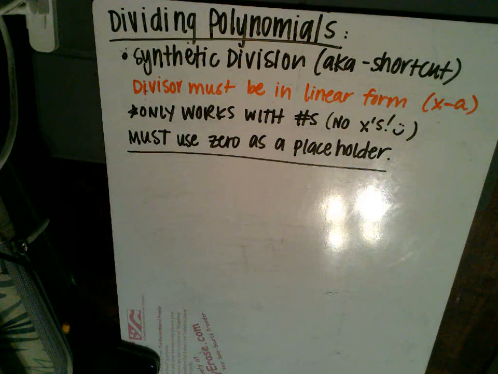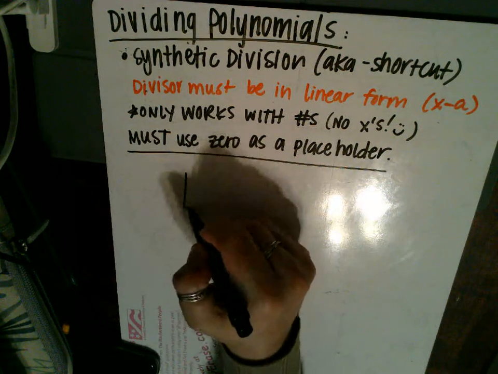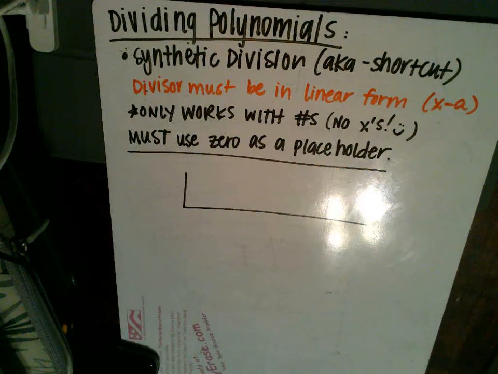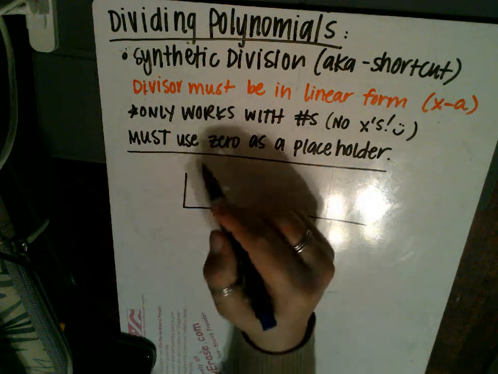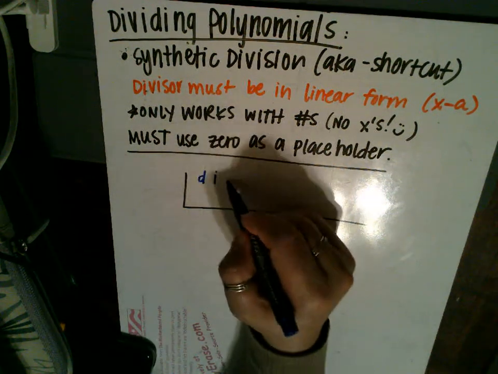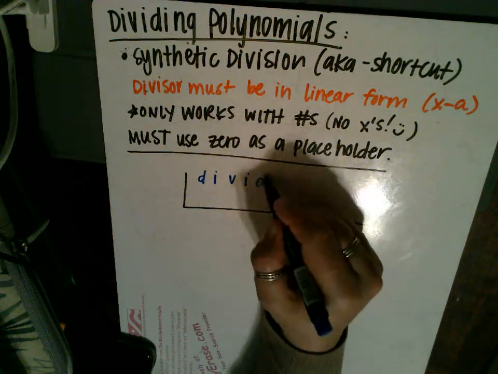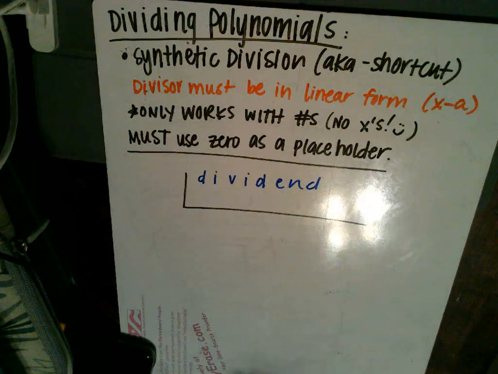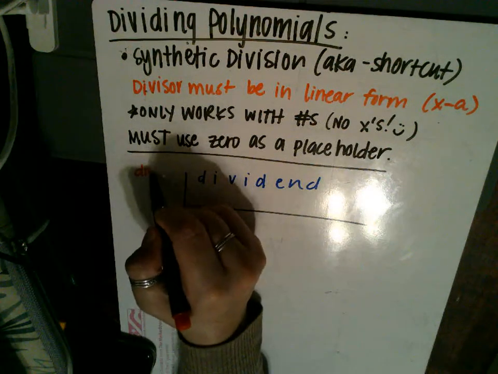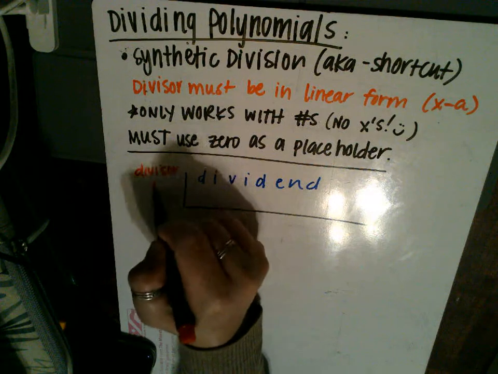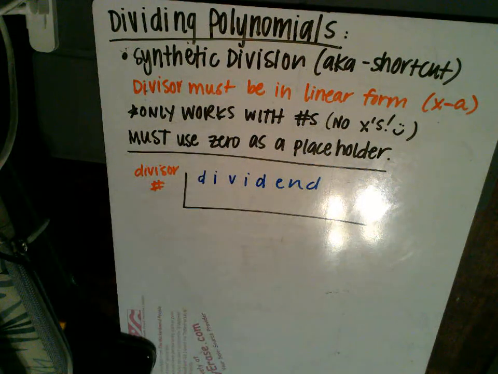And the way synthetic division is going to look is we're going to have a little bit different setup. We're going to have the coefficients of the dividend on the inside, our divisor number only on the outside.